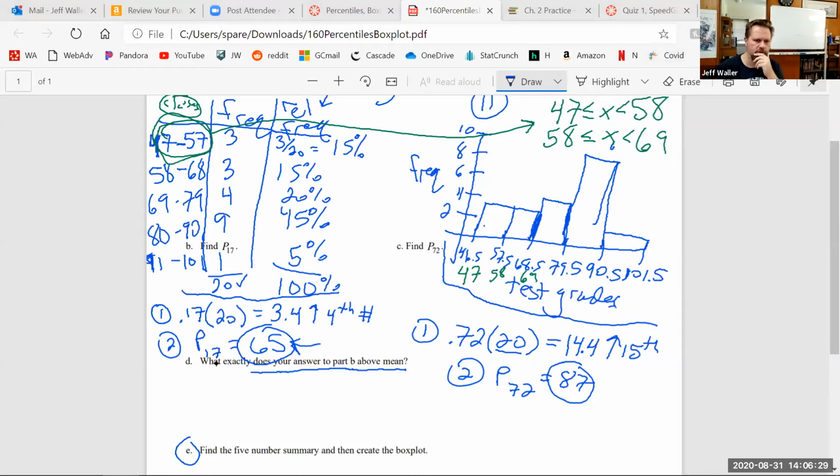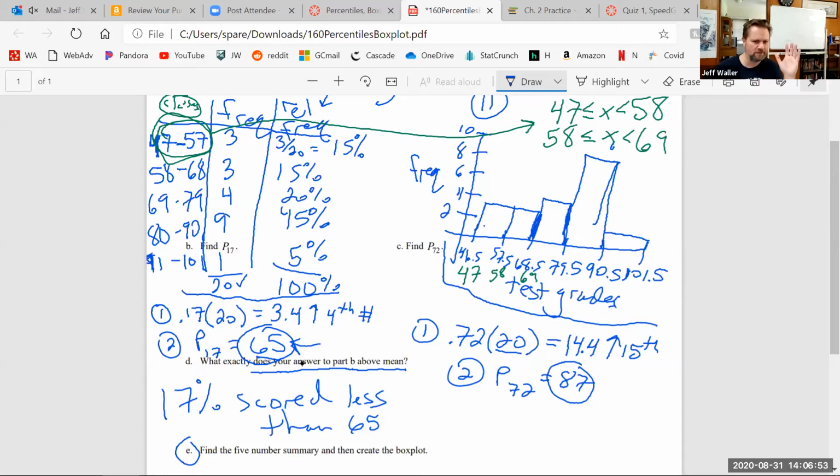Yeah, 17. 17% did what? Did worse than you? Yes. 17% did worse. You're the 65, yes. So 17% scored less than 65. Don't be so down on yourself that you're saying you're the 65. It's not necessarily you that's the 65, just 17% scored less than 65.